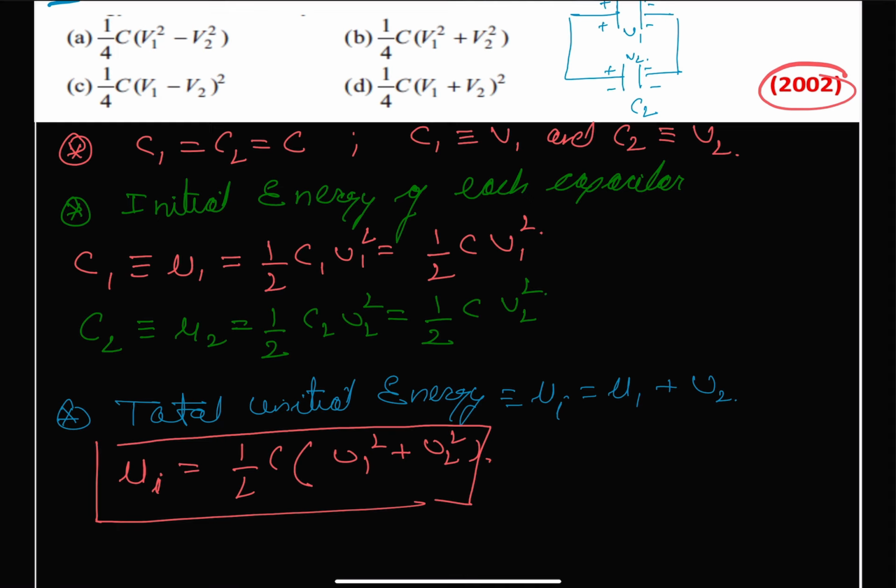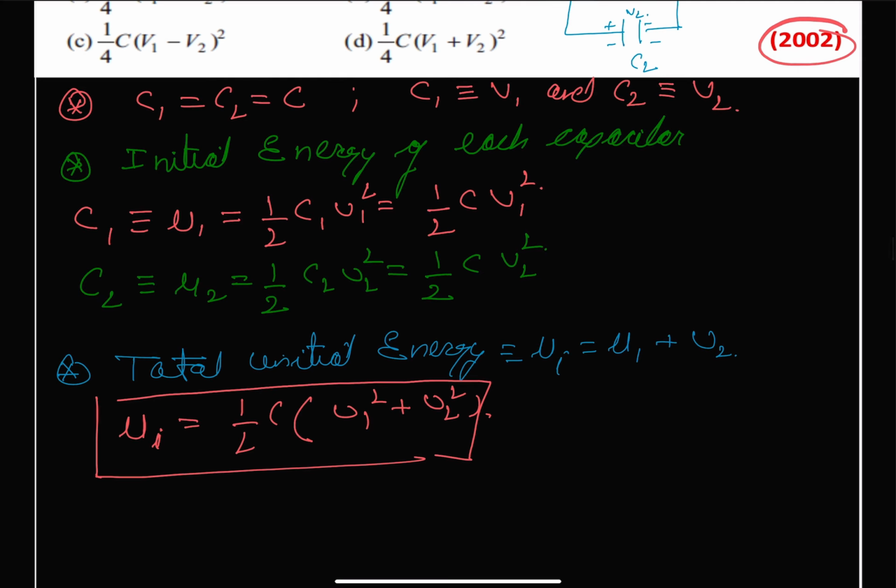And we can also find out what will be the respective charges. So the charge on C1, if that is given as Q1, will be equal to C times V1, and the charge on C2, given as Q2, will be equal to C times V2.